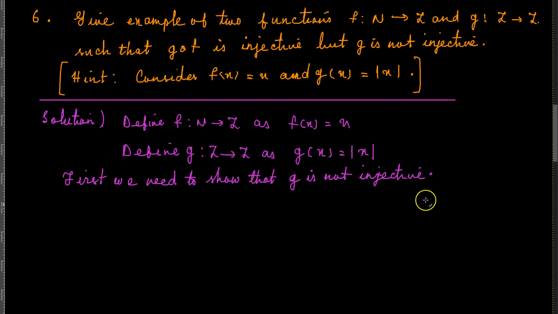That g is not injective. In order to show that, we have g is a function from Z to Z, and g of x is equal to the absolute value of x.